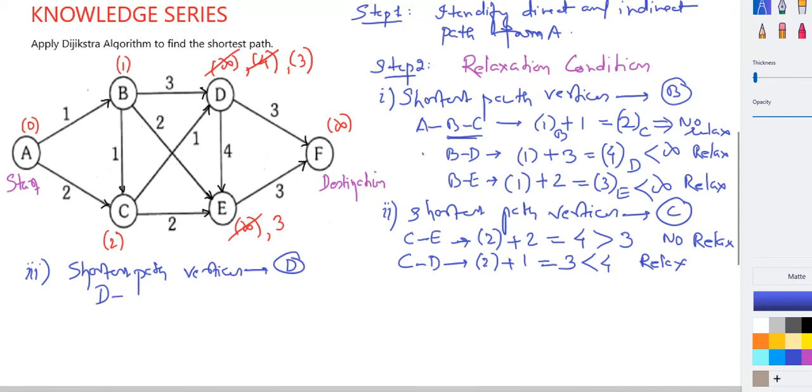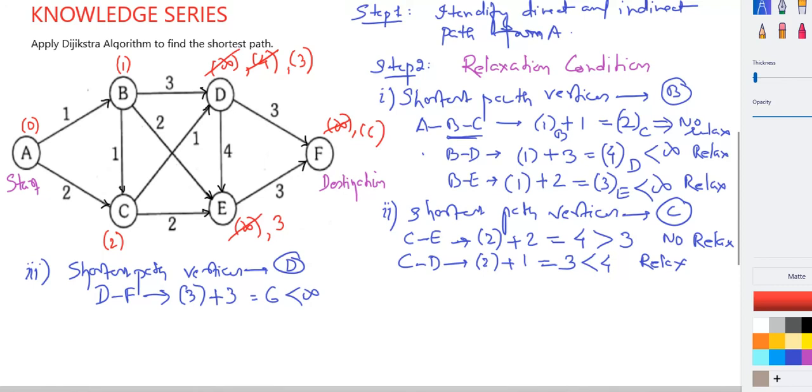So we'll consider D to F. D to F shows that D is 3, the link is 3, 3 plus 3 is 6. So 6 is less than infinity. Since 6 is less than infinity, we will modify this one by the new weight. So we rewrite this one as 6.